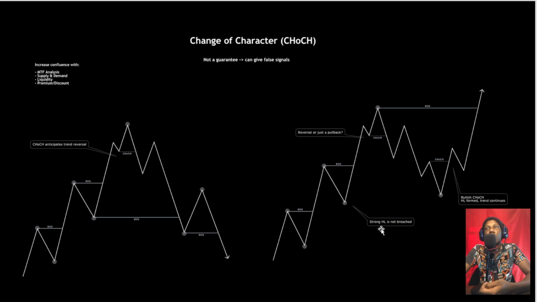So as long as the strong low is not breached, or the higher low is not breached, depending on the trend, then you see, okay, this is the low that has been made, this is the high that's been made, so I'm in this range, and I'm going to make sure that I take it in this area. As long as the low is not broken, you don't need to be concerned about that specific trade.